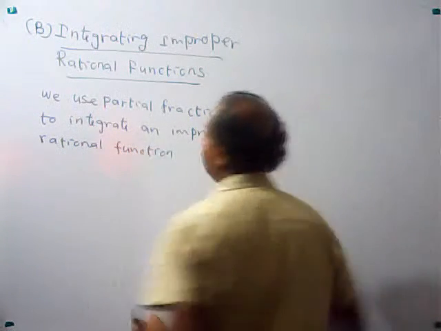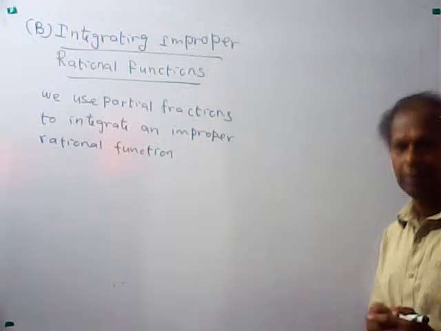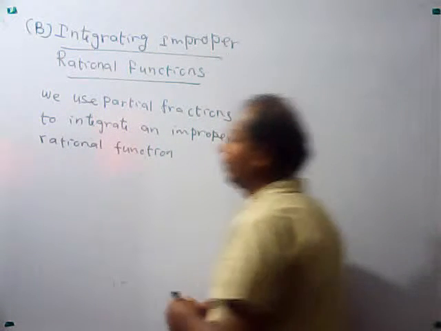Finding partial fractions of an improper rational function is somewhat different to the proper ones.